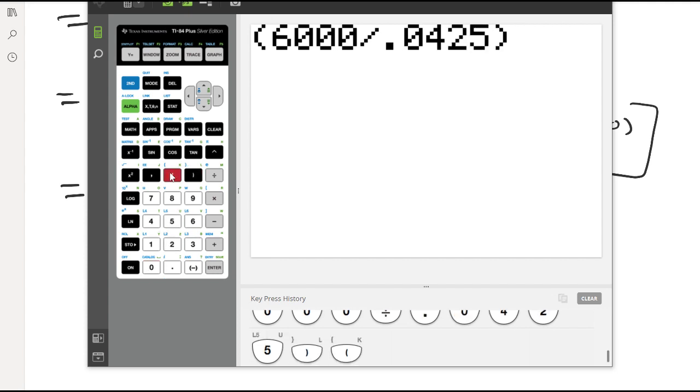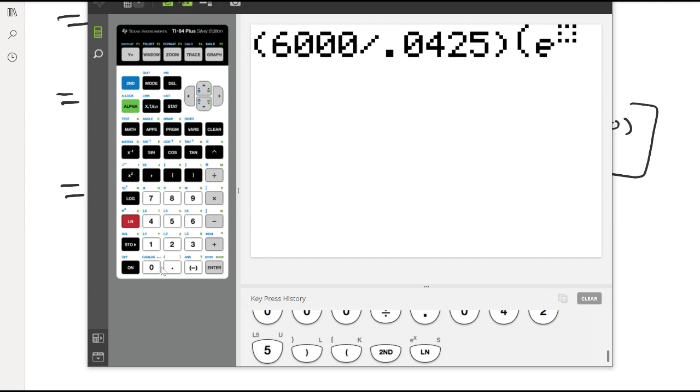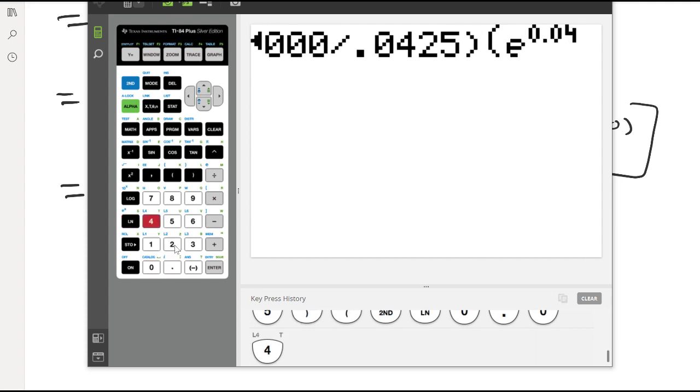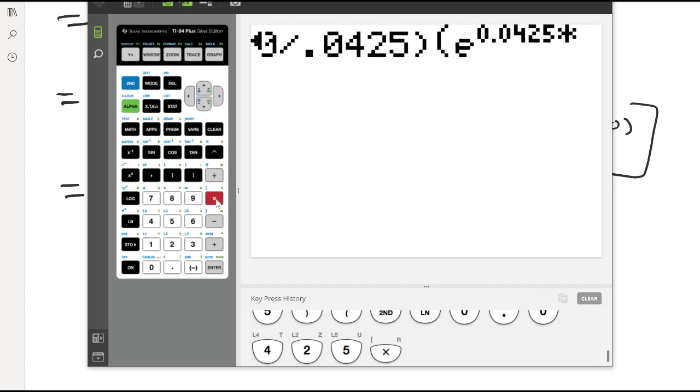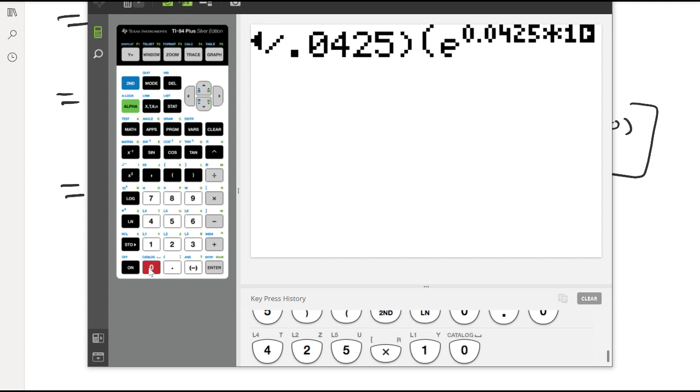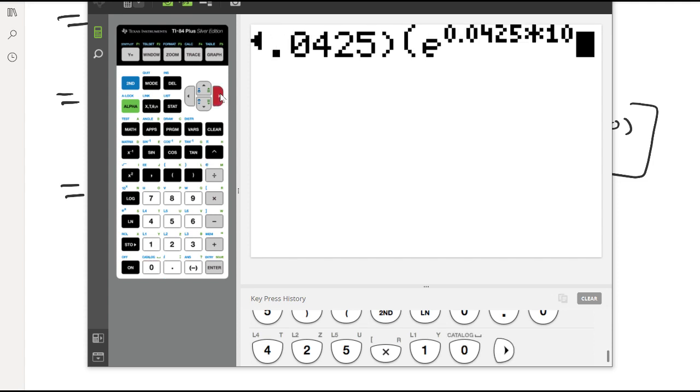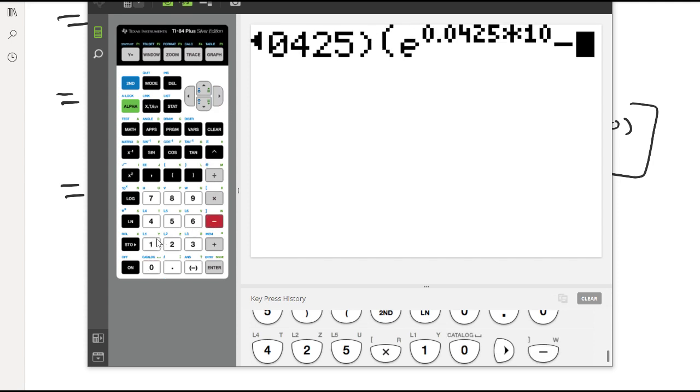Then I'm going to open another set of parentheses because we're going to multiply that by the e stuff: second ln, e to the 0.0425 times 10, then come down and subtract away 1.